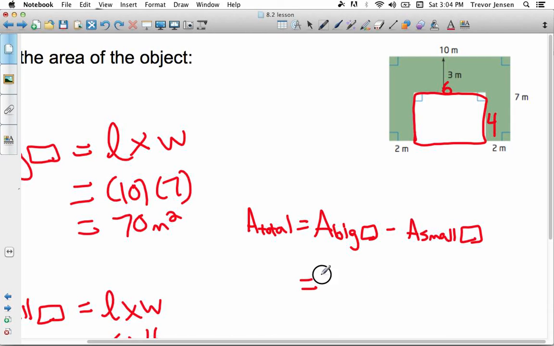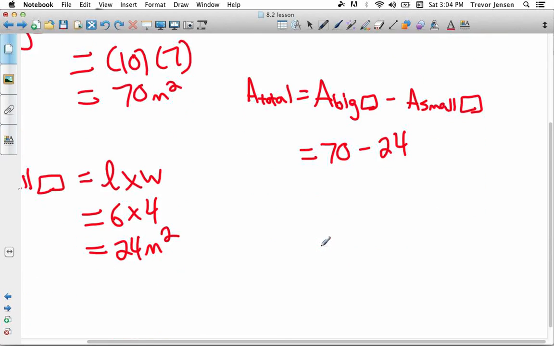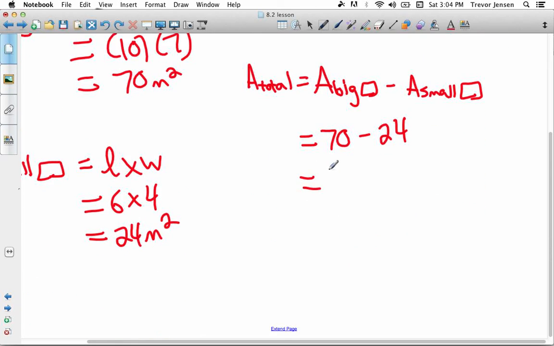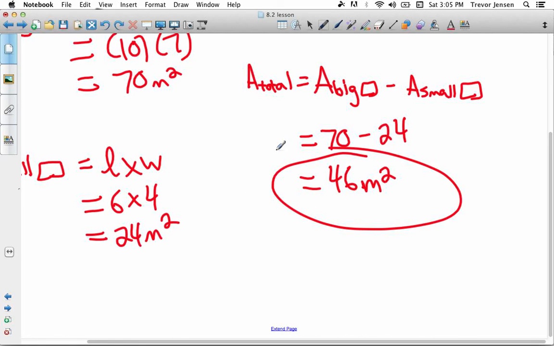So that equals 70 minus 24, and that gives me 46 meters squared. So I now have the area of the object that was drawn originally. Okay, so here's my final answer: 46 meters squared.